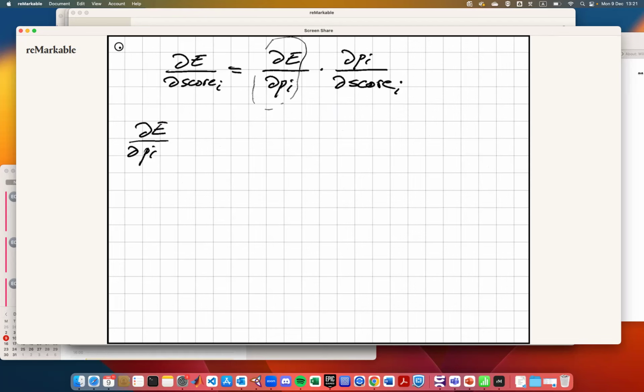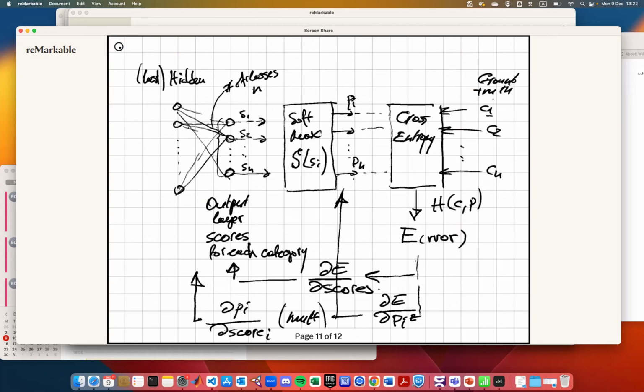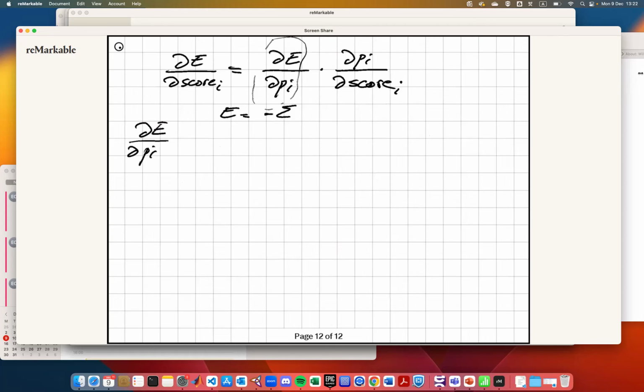So d by dpi. Our E, just to remember, is minus sum of ci ln pi plus 1 minus ci ln 1 minus pi.